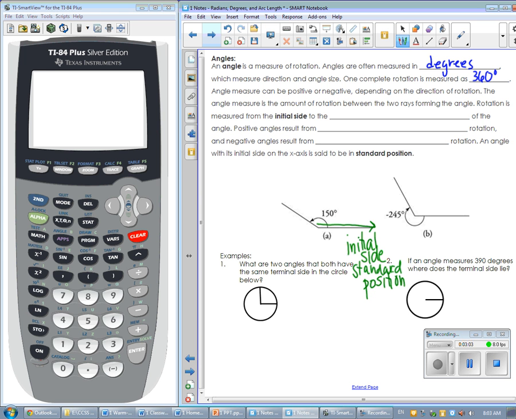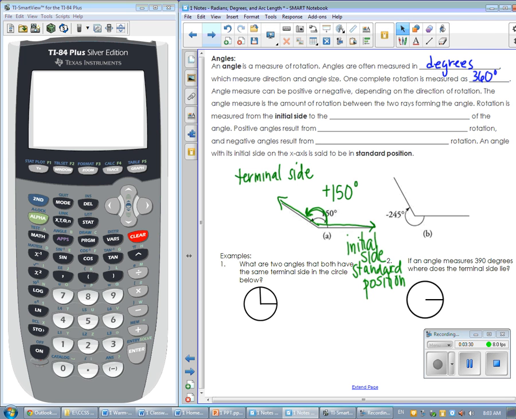If I measure the rotation of my angle to the second ray, this second ray is what we call the terminal side. When I go in a counterclockwise direction, my angle measure is going to be positive. So this angle measure is going to be 150 degrees.